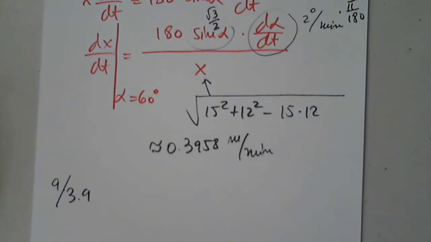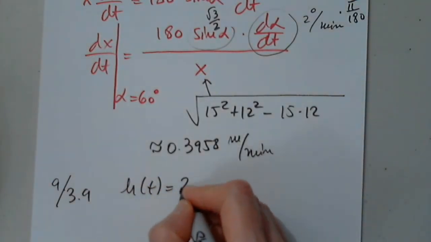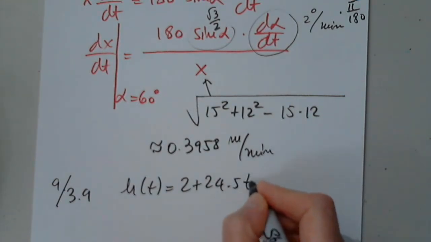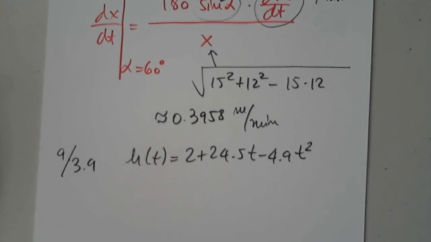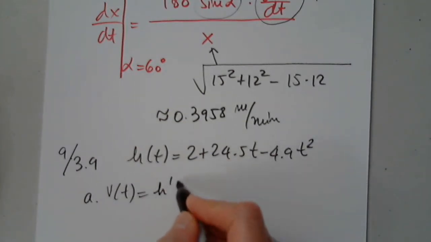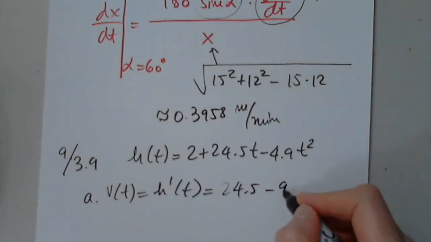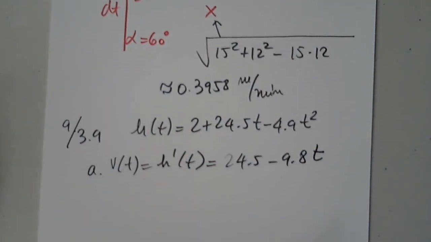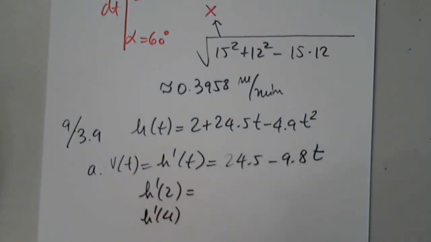Okay, then 9. This is in 3.9. So we have h of t equals 2 plus 24.5 t minus 4.9 t squared. Find the velocity after 2 and 4 seconds. So we know that the velocity will be v of t, which is h prime of t, which is 24.5 minus 9.8 t. And they're asking us to find after 2 seconds and after 4 seconds.